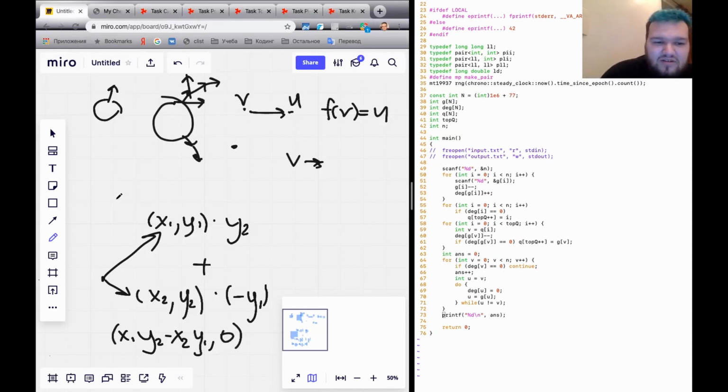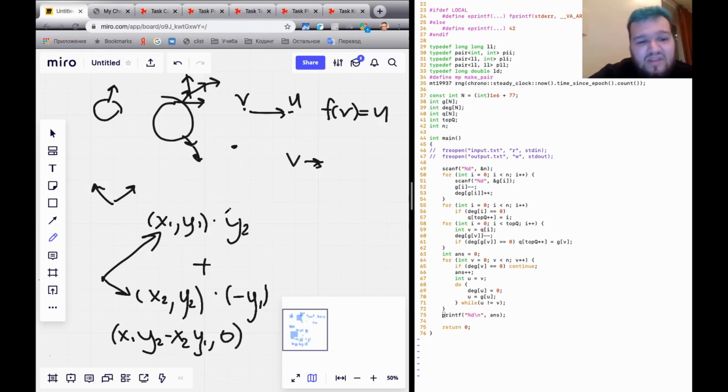For example, if we have two diagonal moves like 1, 1 and minus 1, 1, the best we can do for horizontal and vertical moves are 2, 0 and 0, 2, but using these two moves we cannot reach 0, 1 or 1, 1.